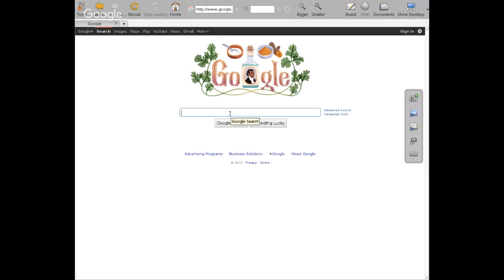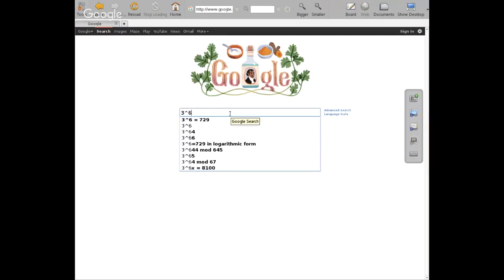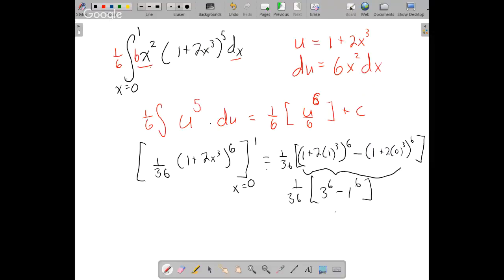And what is 3 raised to the 6th? It's 729. Okay. So back to the board here. So I get 1/36 times 729 minus 1, which is 728. And then that's going to reduce a little bit, but there's my rough answer.